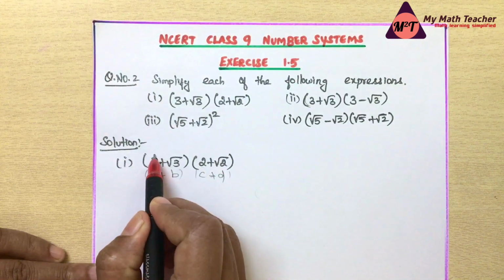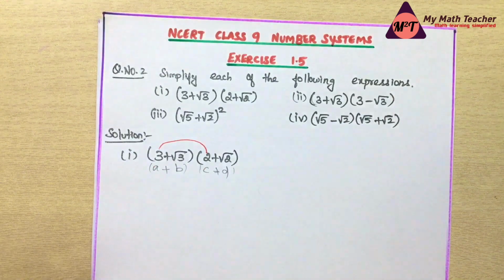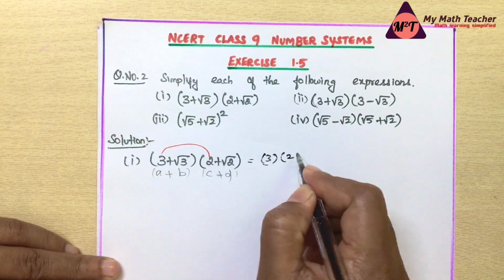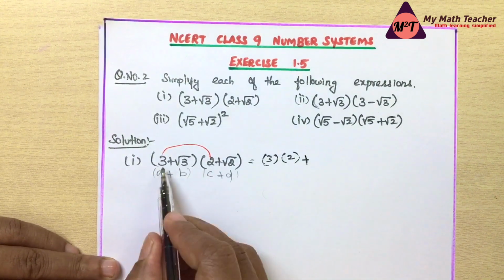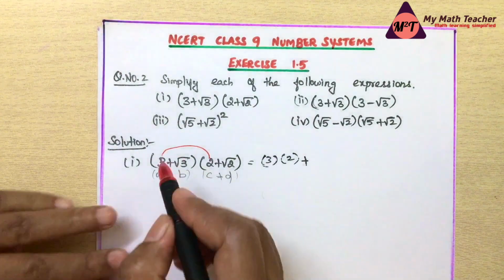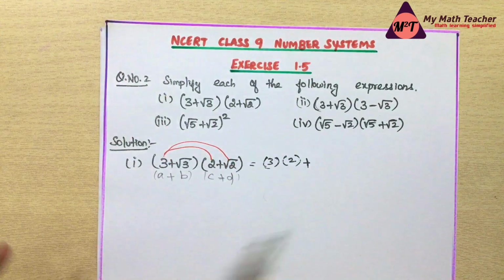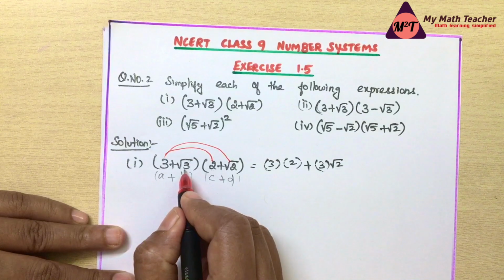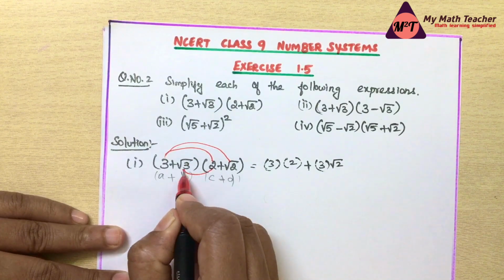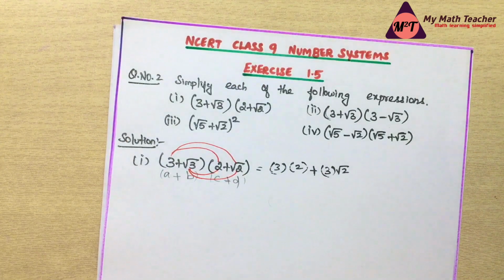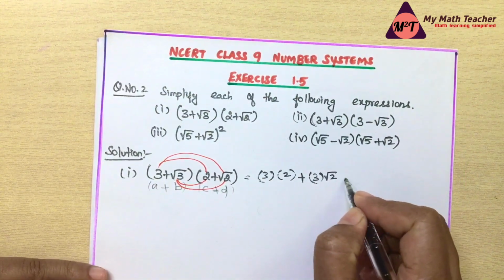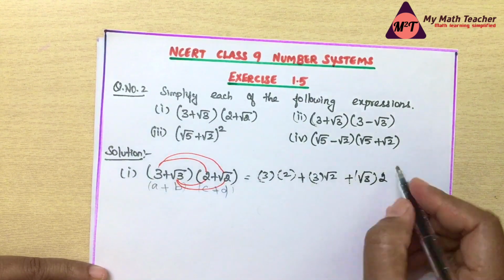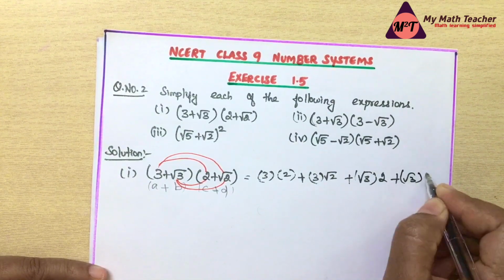So how to do this? 3 should be multiplied by 2, so 3 into 2, plus 3 should be multiplied by √2. Then, for the second binomial, √3 should be multiplied by 2, and again the same √3 should be multiplied by √2. So plus √3 into 2 plus √3 into √2.